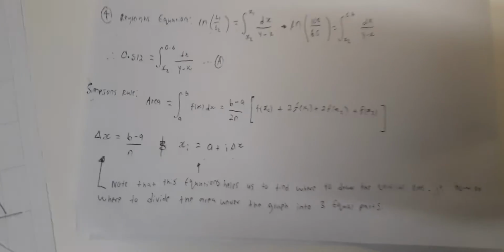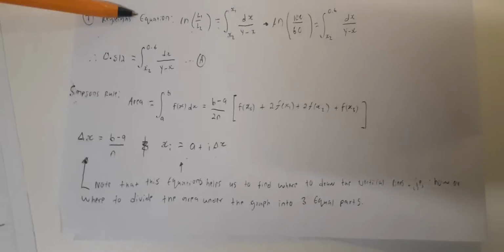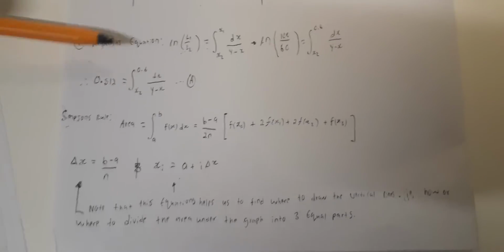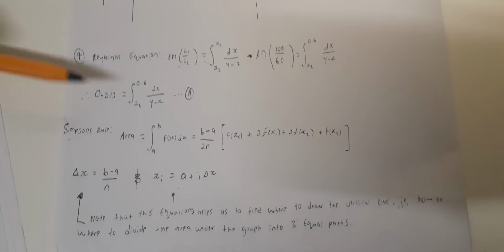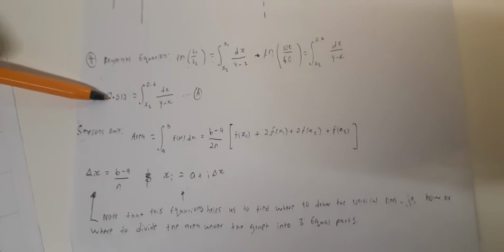But just to recap on the Simpson's rule again, since now we've done everything, we were at this point where we had Rayleigh's equation and we didn't know x2, but we had 0.512, which we know it's the same as the area under the curve.